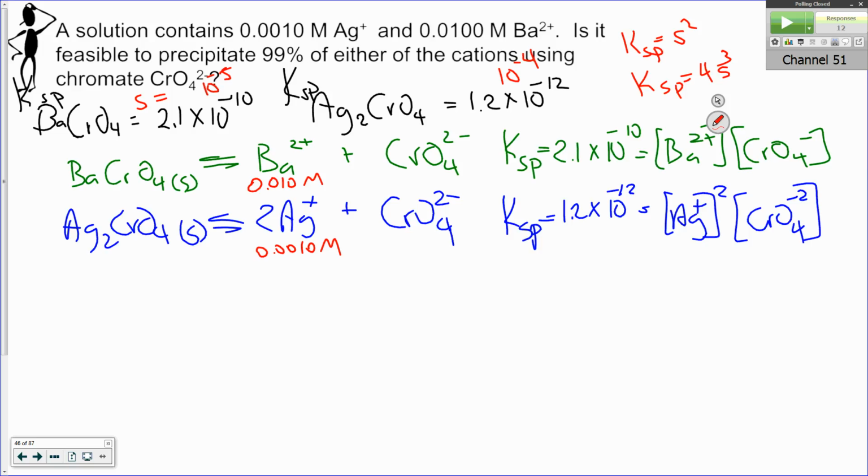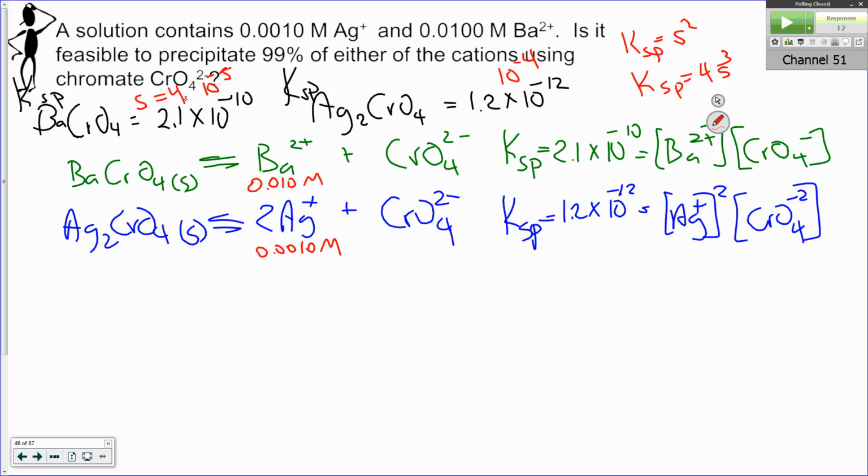Okay, so I think the silver is actually... they're both to the power of -5. Okay, so which one is the winner then? I think the barium's lower, I think. Okay, what's the actual number, then? What's the square root of this? That is 1.45 times 10 to the -5.